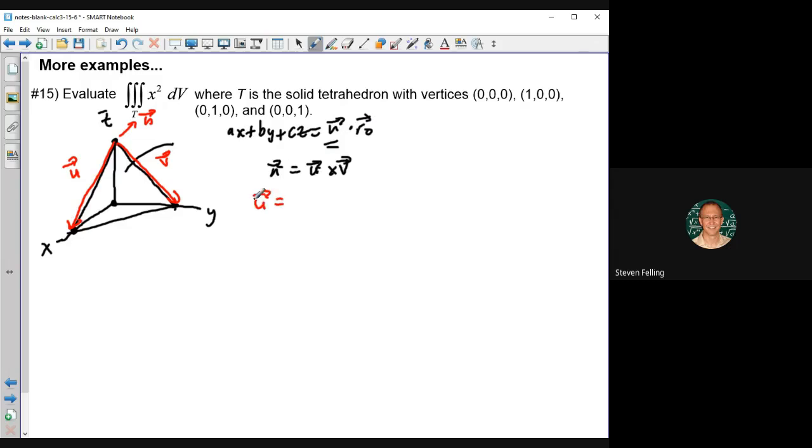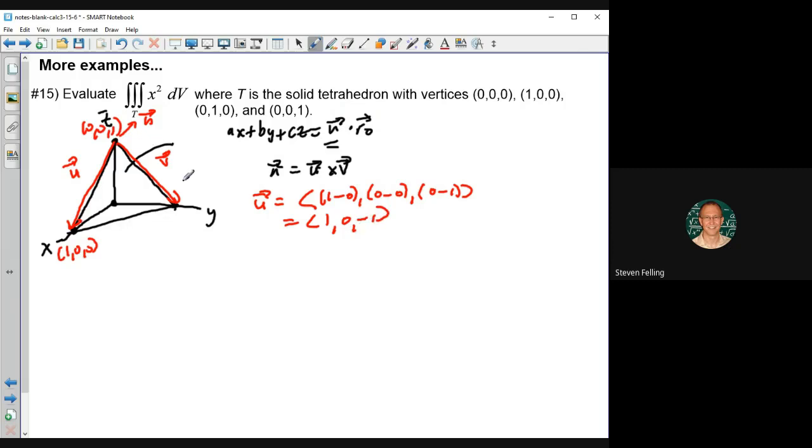Well, the u vector would just be the difference between this point, which is 1, 0, 0, and this point, which is 0, 0, 1. That would be end minus start, so that's the vector 1, 0, negative 1.